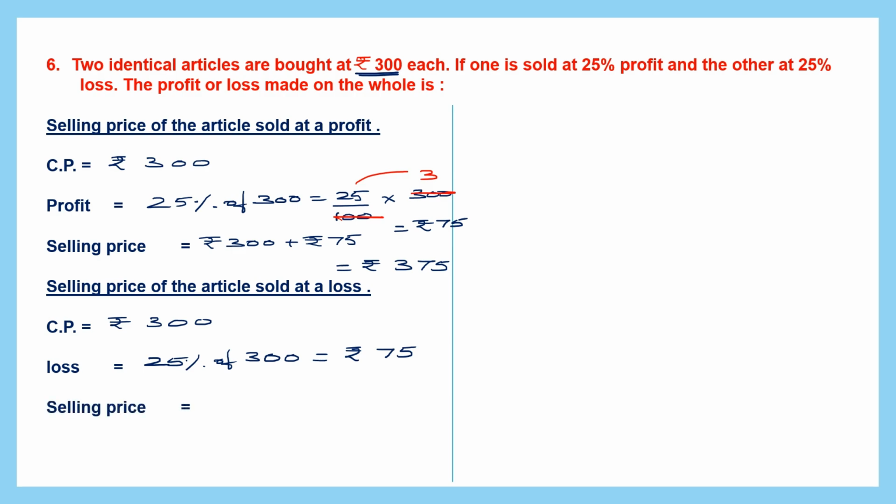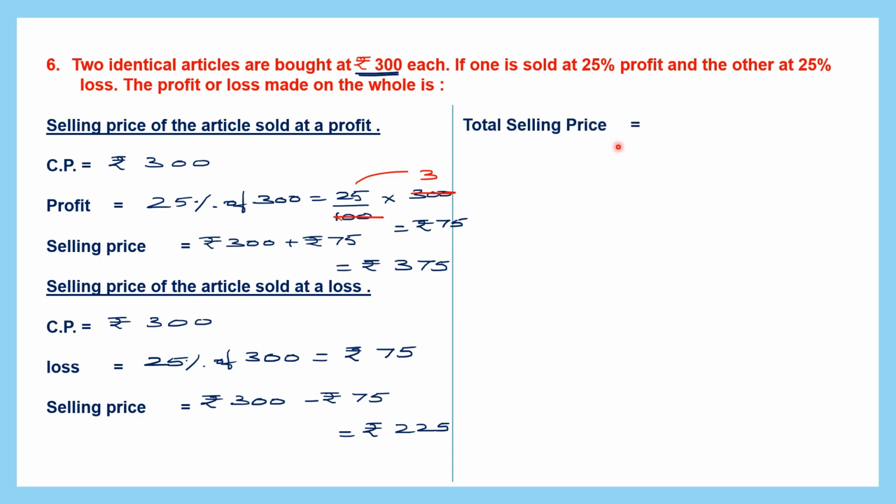So the selling price here will be cost price minus the loss. Because it's a loss, we have to subtract it. So that is 300 rupees minus 75 rupees. So 300 minus 75 will be 225 rupees.